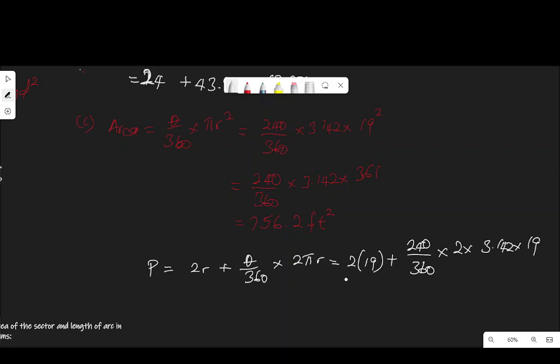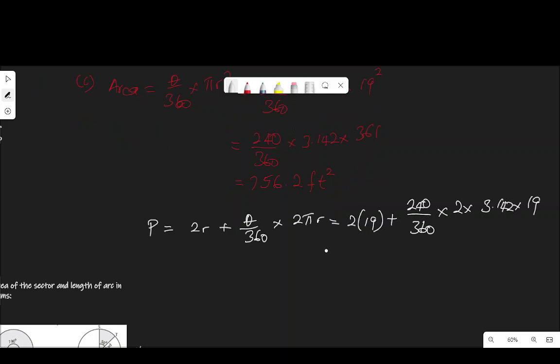And that will give us 2 times 19 is 38 plus, putting all this into the calculator, 240 times 2 times 3.142 times 19, divided by 360.